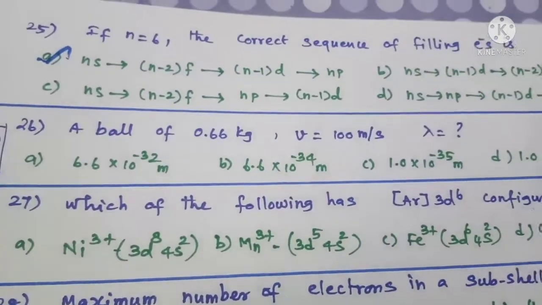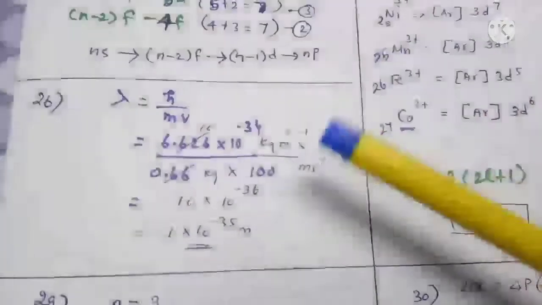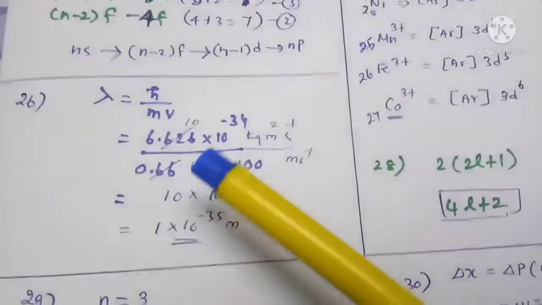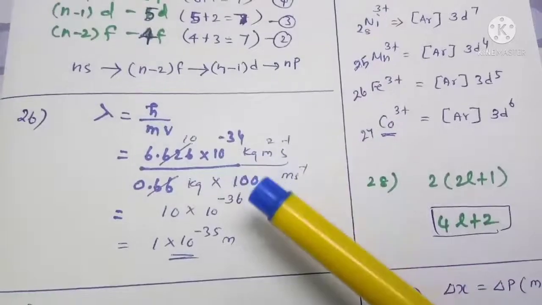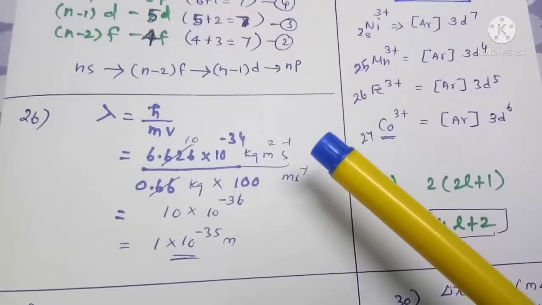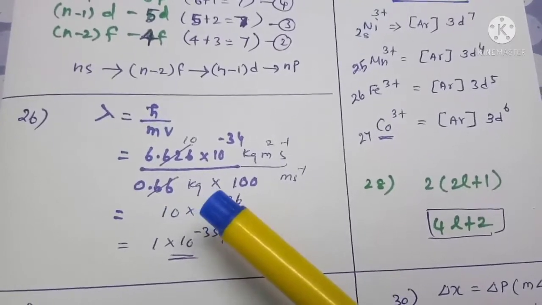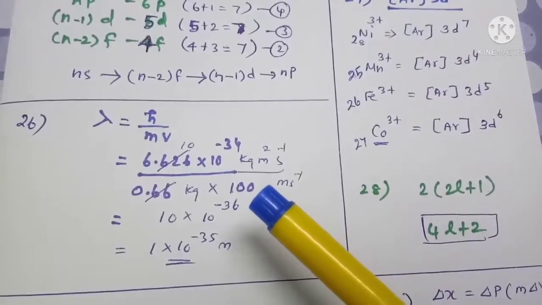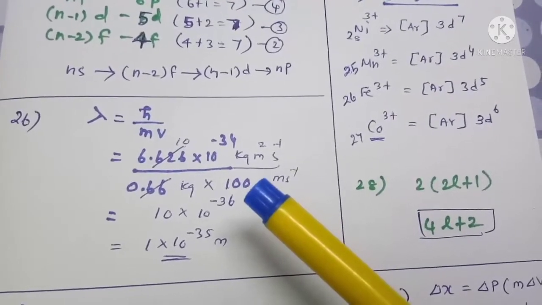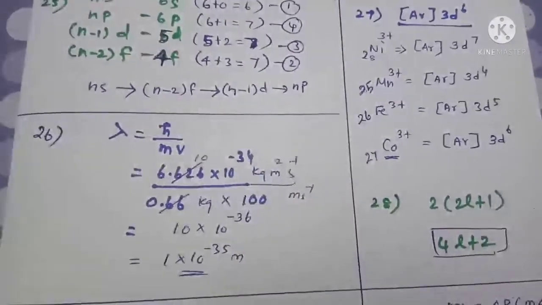So you have to use the de Broglie equation to find the answer. The de Broglie equation is lambda equal to h divided by mv. h is Planck's constant, 6.626 into 10 to the power minus 34 kilogram meter square per second, and the mass of the ball is given as 0.66 kilogram, into velocity. The velocity of the ball is about 100 meter per second.